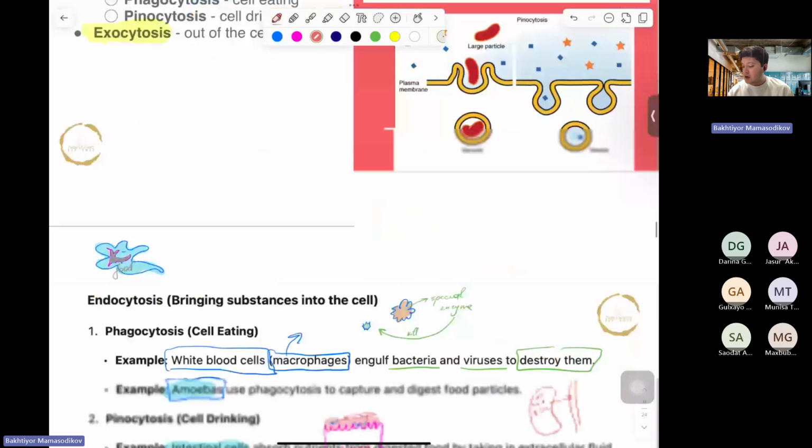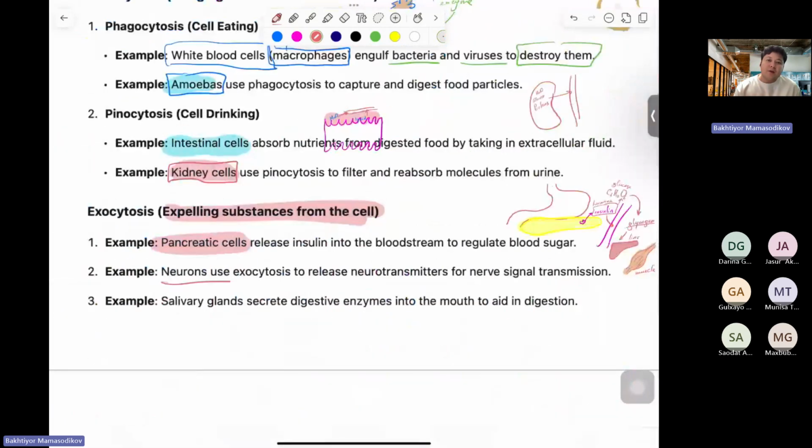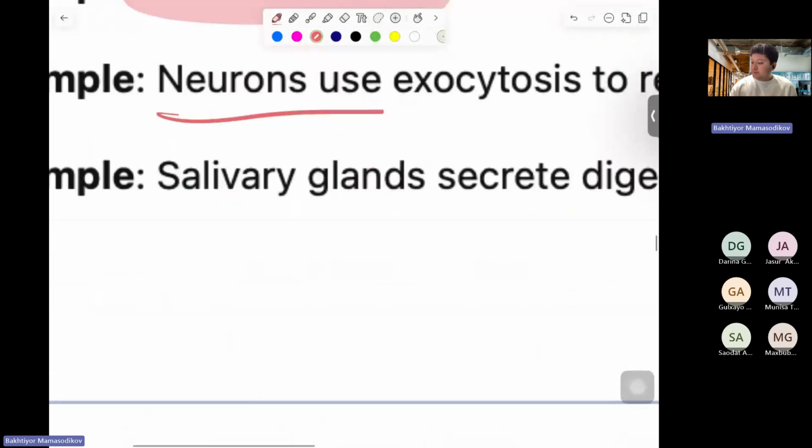Another example is neurons. We will learn during the neuronal system when we learn about the neurons. So the neuronal cells, the neurons, this is the neuron, imagine. The neuronal cells are going to release acetylcholine. This is a small substance, the acetylcholine, to the muscles.